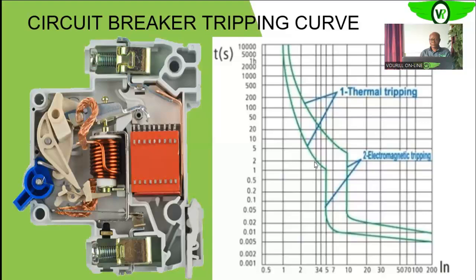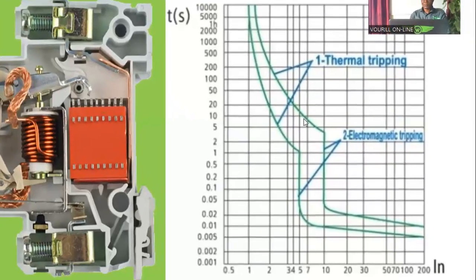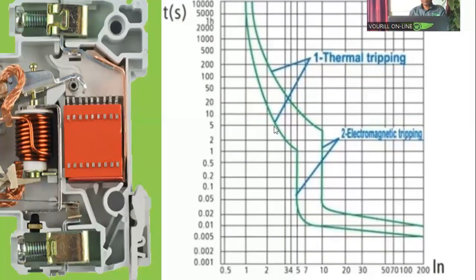So if you look at this now, remember we said this section is controlled by the thermal element, which is the bimetallic strip. Now, common sense will tell you that if you place the breaker to operate in a hotter ambience, that will increase the temperature of the bimetallic strip.